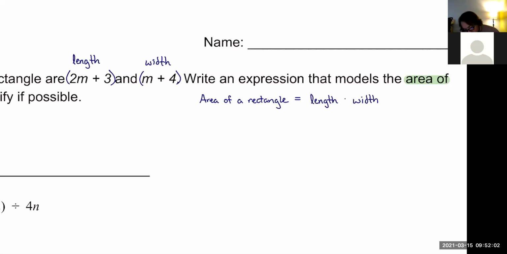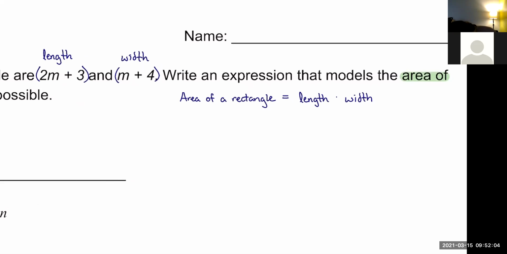Therefore, to find the area, I would take the 2m plus 3 and multiply that with the m plus 4.